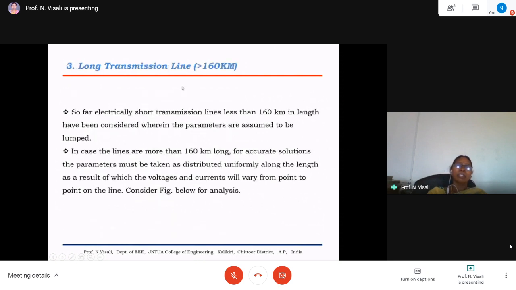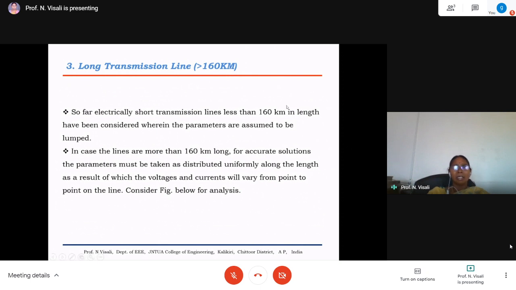Then the long transmission line, where the length of the line is greater than 160 kilometers. Here resistance, inductance, and capacitance are not exactly concentrated at one place. They are distributed throughout the length of the line.